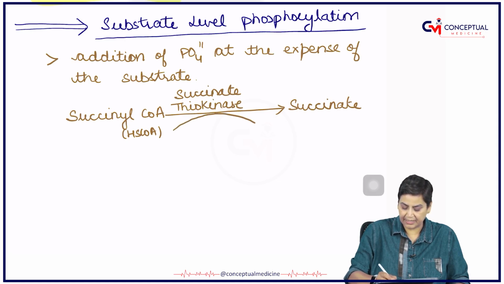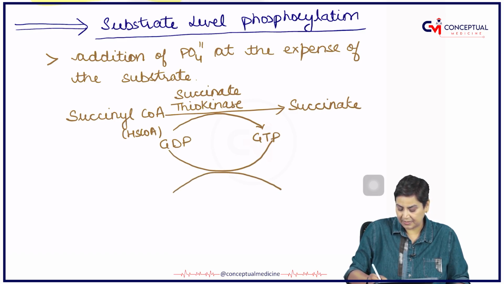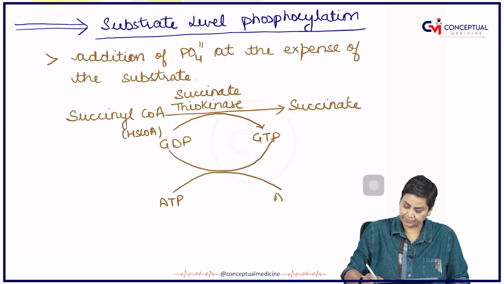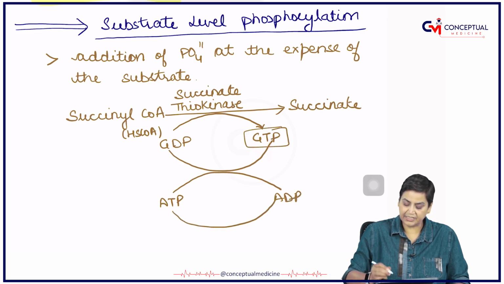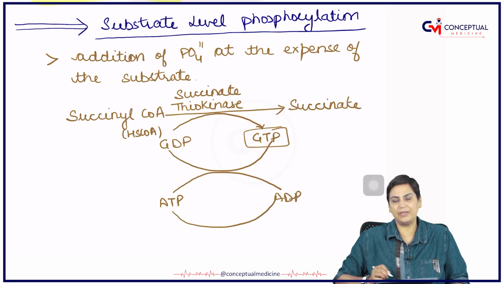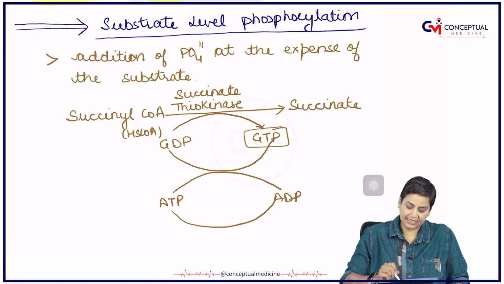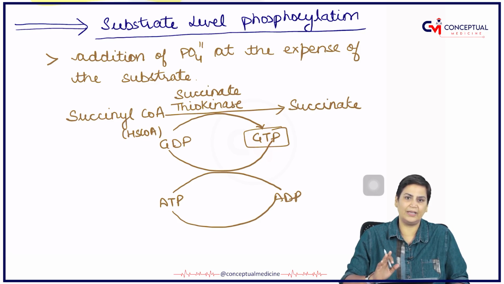And what happens here is simply GTP is synthesized. And the importance of this reaction is that when GTP is synthesized, it is coupled with ATP like this. So in terms of energy equivalence, GTP and ATP are the same, so we just count it as 1 ATP only. But since it is coming from the substrate, this is substrate level phosphorylation.